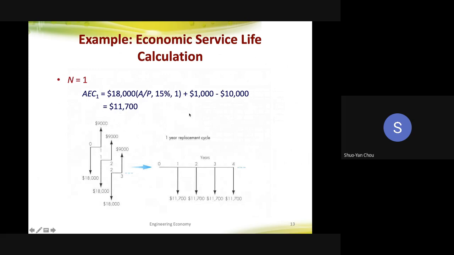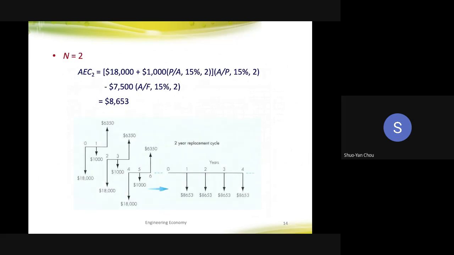Okay, and if we replace it every 2 years, and we have an infinite time horizon, this kind of thing just happens recurrently, and we just need to find one cycle, and the rest of them will be the same. So we find this annual equivalent cost for if we replace the machine every 2 years.